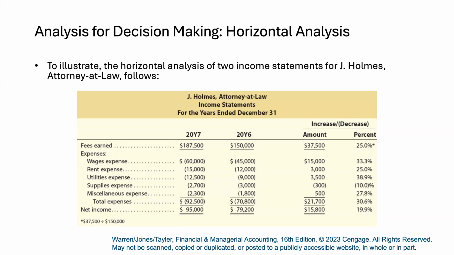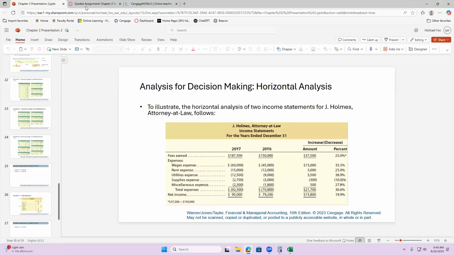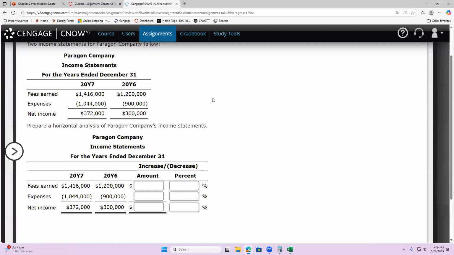Okay. So in the next minute, might take us two, sorry, we will look at this problem. So we have the Paragon Company. This is a really shortened income statement. It just has fees earned, expenses, and net income. So now we're supposed to figure out how it's changed.